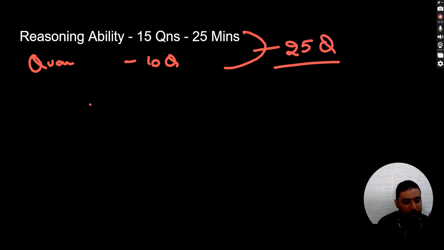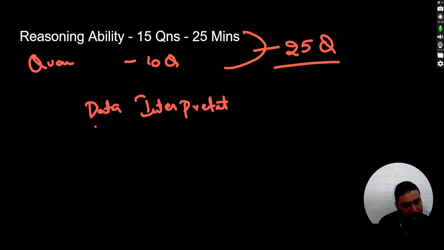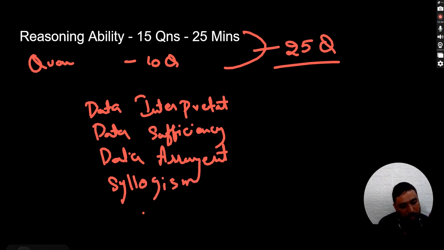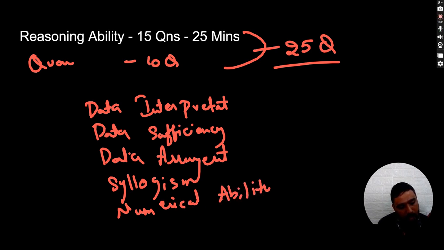Now, data interpretation, data sufficiency, data arrangement, syllogisms, and numerical ability and reasoning part.